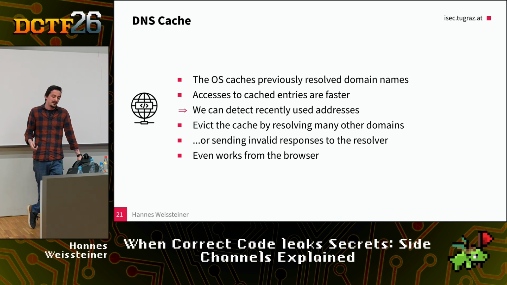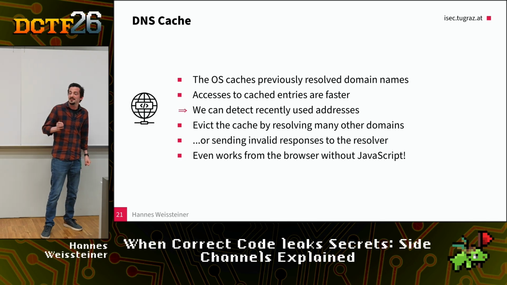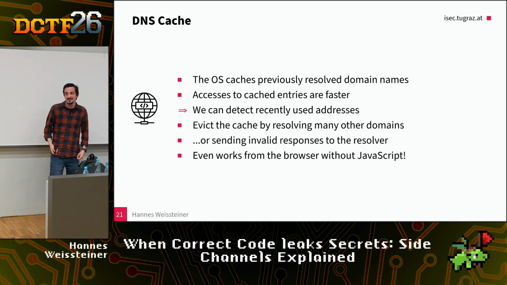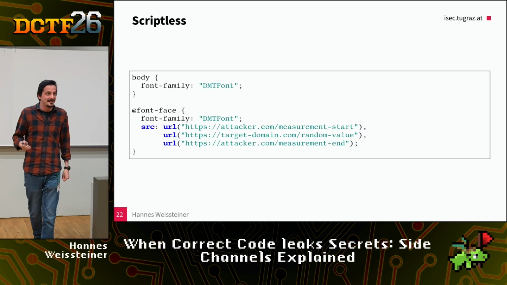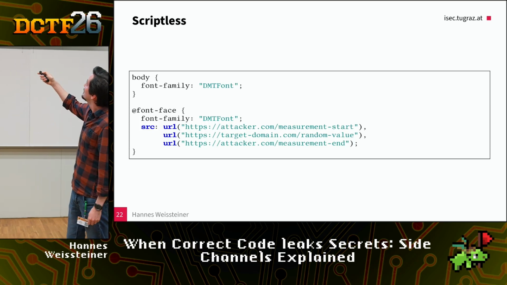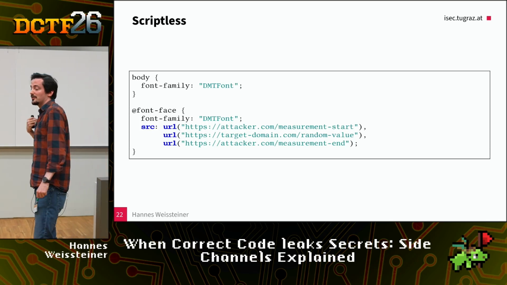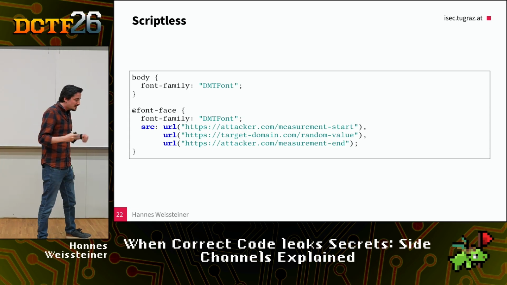This even works from the browser, and it even works without JavaScript. So there's no code running on your machine, and I can still see what websites you accessed recently. The scriptless attack works by defining a font. We load a first URL on our server to start the measurement, which takes some time.